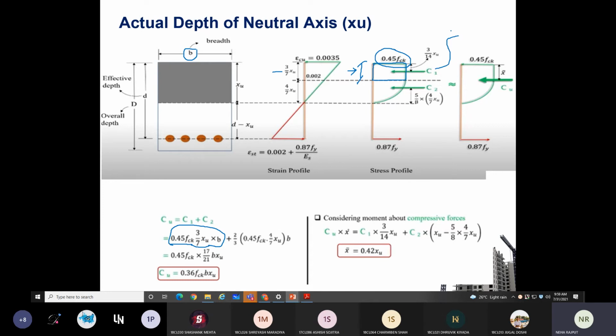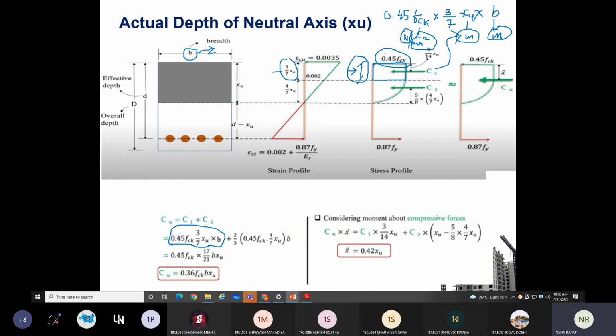I got this force. I need the force in kilonewtons. Okay, so how will we get it in kilonewtons? See, this 0.45 fck, this stress is in Newton per mm square. This multiplied by this distance, this distance is 3/7 xu. What is the unit of xu? It is a depth. So what will be the unit of depth? Meter. I need to multiply one more parameter which will give the meter dimension, so that is the width of the section. So if I multiply by b, the unit of b is meter, so this meter will cancel out with this mm square, so the remaining force will be Newton.